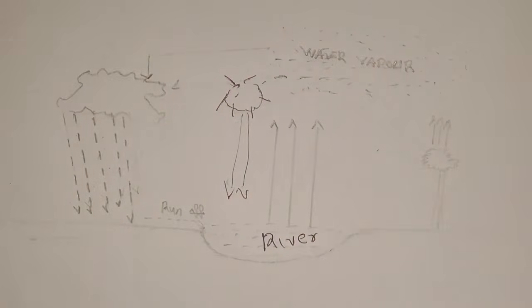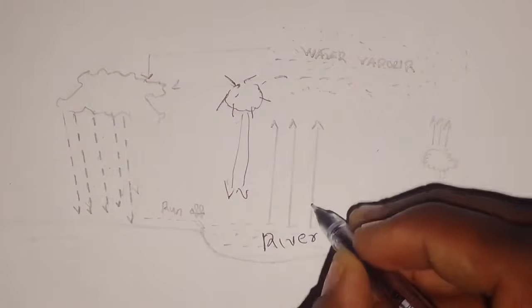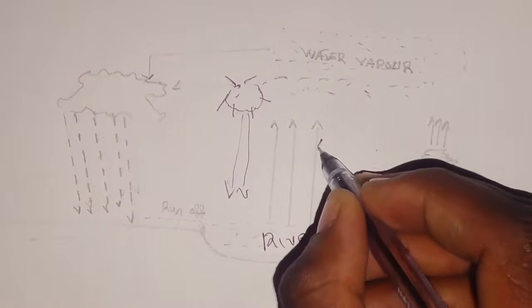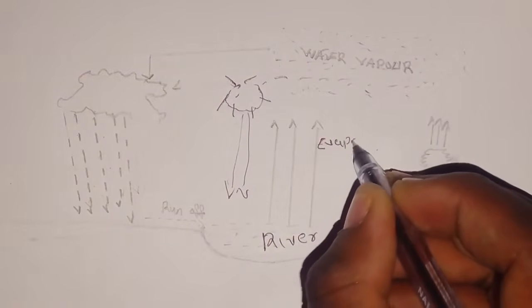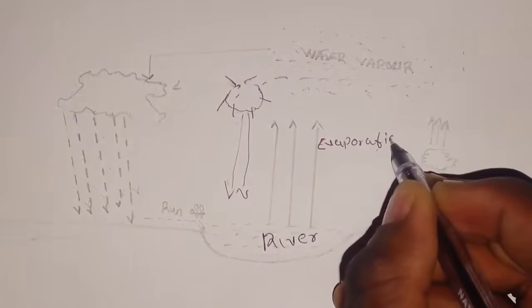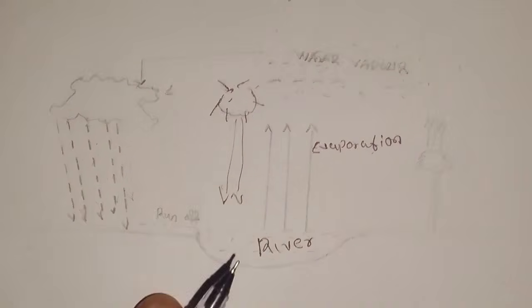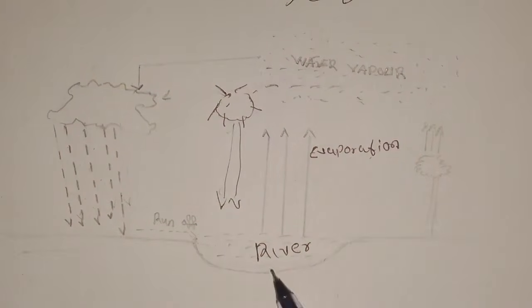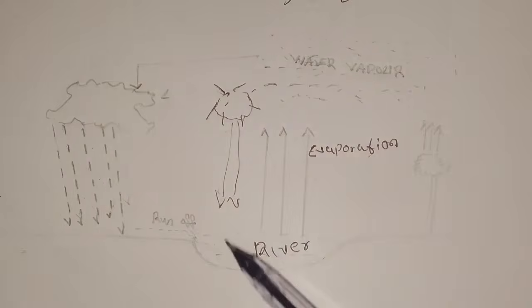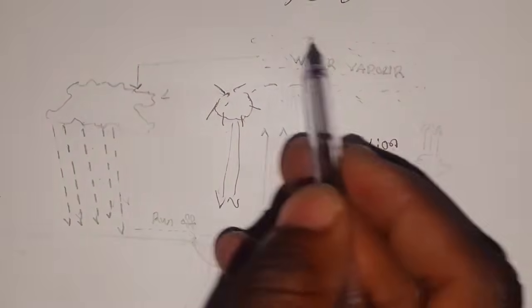And this process is what we're referring to as evaporation. So evaporation is simply the rise of water into water vapor. So when these water bodies get heated up by the sun, the water will rise in a vapor form and it will be in the atmosphere.